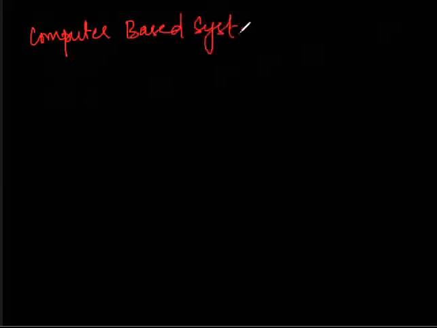So within today's class, we have studied the topics. First, the computer-based system. Now, these computer-based systems take input and process output. Based upon this, these computer-based systems make use of certain elements to complete the task.